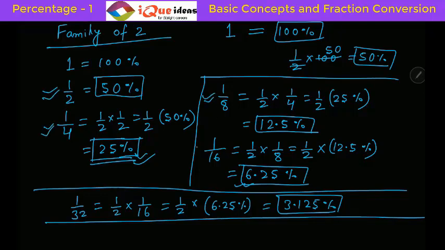Right. So what we have done is we have converted 1 by 2, 1 by 4, 1 by 8, 1 by 16 and 1 by 32 into percentages. Now the point is you should memorize all of these directly, at least up to 1 by 16. Let me put it as a summary. 1 is equal to 100%.